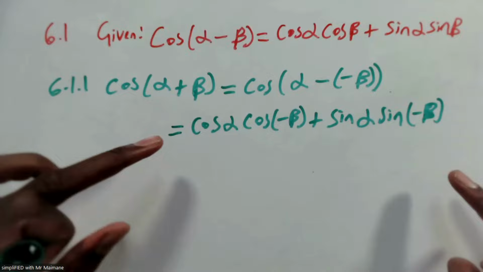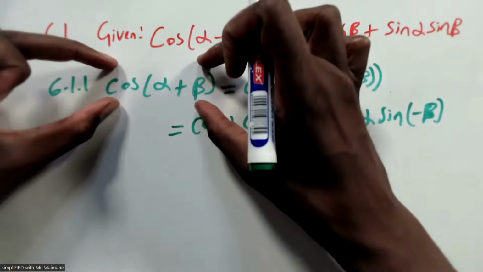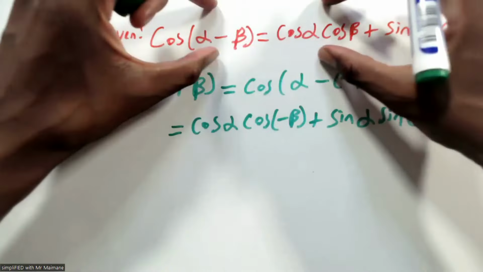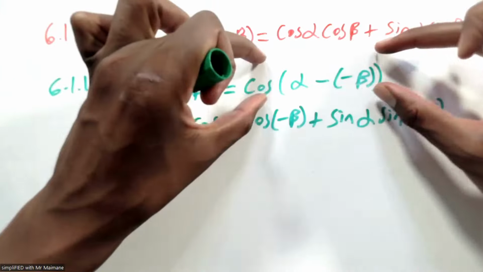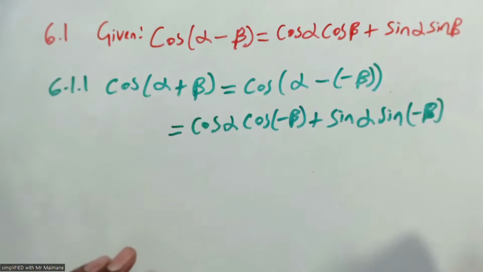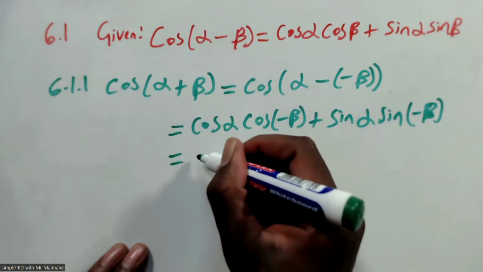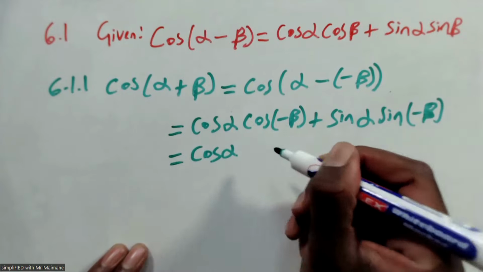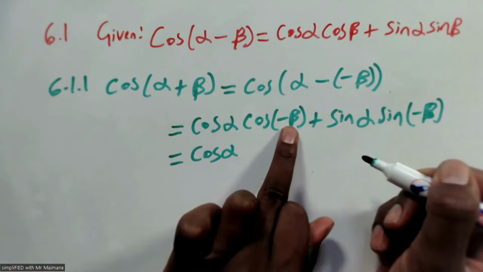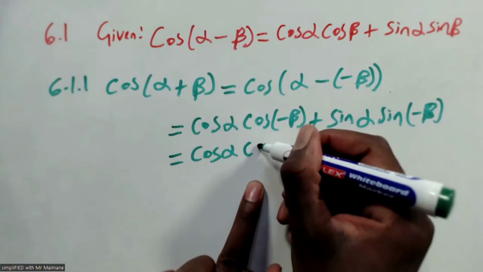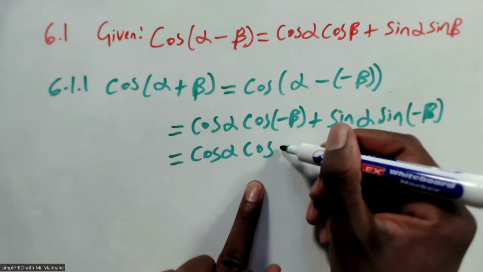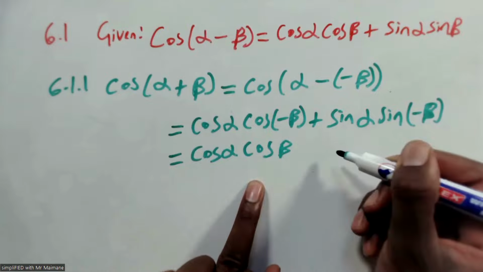I'm using this expression to express that because I put it like that. Therefore, this is going to be cos of alpha. Cos of a negative angle is the positive angle, so it's going to be cos of beta.